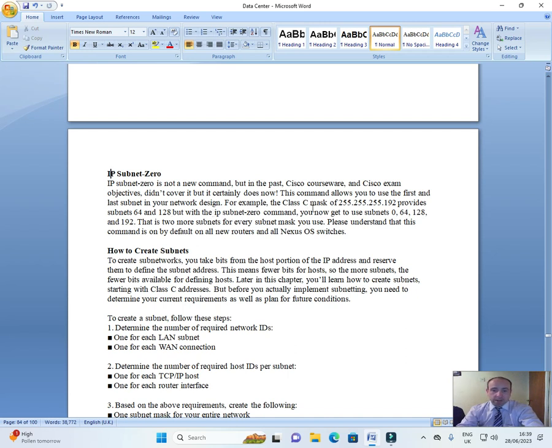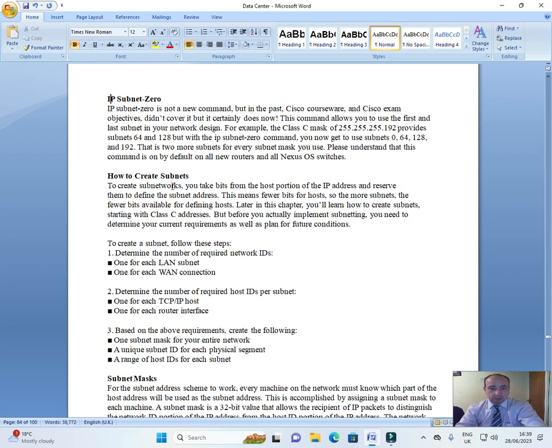For example, a Class C mask of 255.255.255.192 provides subnets 64 and 128, but with the IP Subnet-Zero command, you now get to use subnets 0, 64, 128 and 192. That is 2 more subnets for every subnet mask you use. Please understand that this command is on by default on all new routers and all Nexus OS switches.